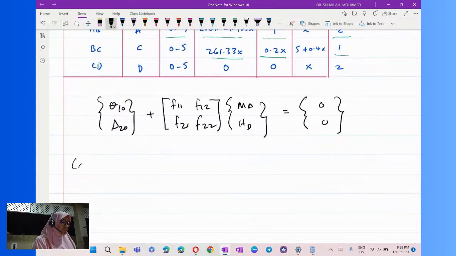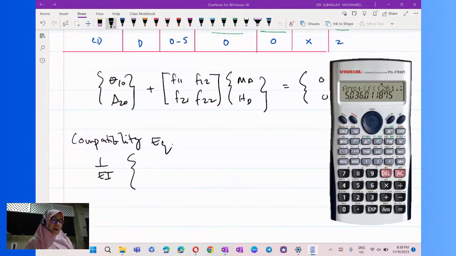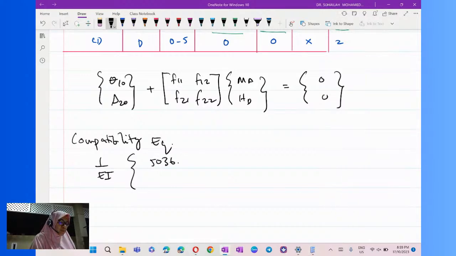Okay, so for the compatibility equation, we get 1 over EI. The first value is 5036.018. That is the first value, theta 1 naught.